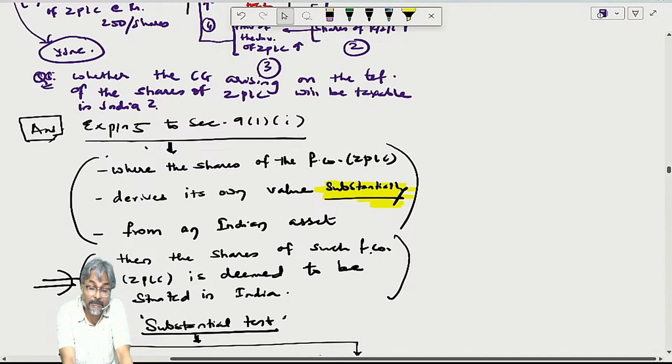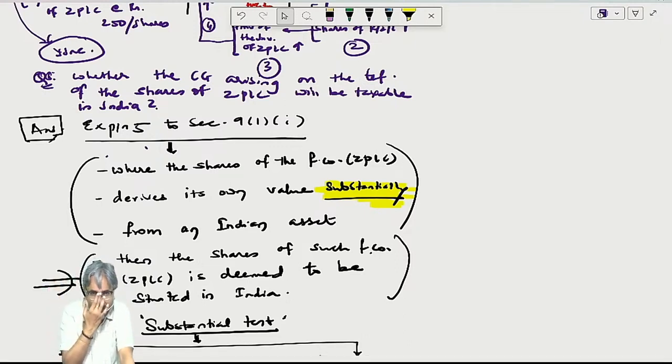The location of the shares of ZPLC would be situated in India. And if that is the conclusion, then the transfer of shares of ZPLC will result in a capital gain which is deemed to accrue or arise in India. That is how one follows the other. Do you all agree? And that exactly is the game.